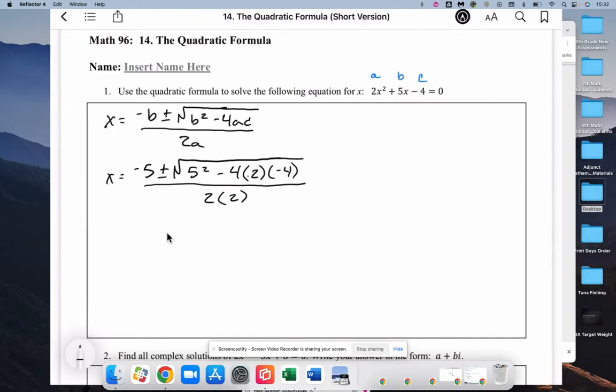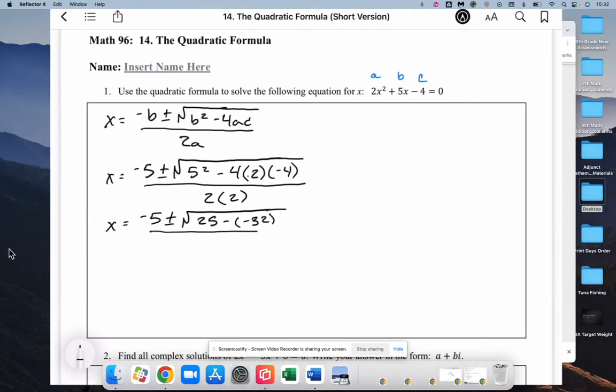Okay? Now we just need to simplify that, which is really not super bad. And so negative 5 plus or minus the square root of 25 minus 4 times 2 is 8, times negative 4 is negative 32. And again, I think it's those two negative signs next to each other that are going to cause problems for people.